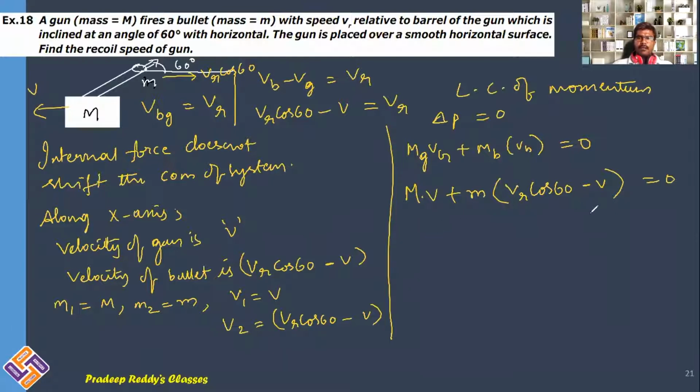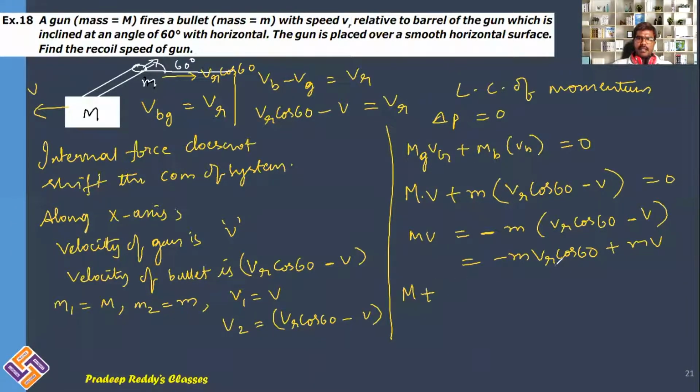This gives you, of course both are moving in different directions, so MV is equal to minus m into Vr cos 60 minus V. This is minus m Vr cos 60, and minus of minus becomes plus mV, which comes to the other side, capital M plus small m into V is equal to plus m Vr into cos 60.